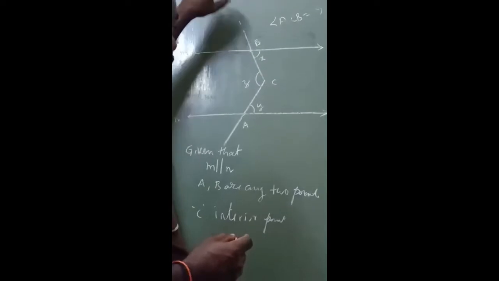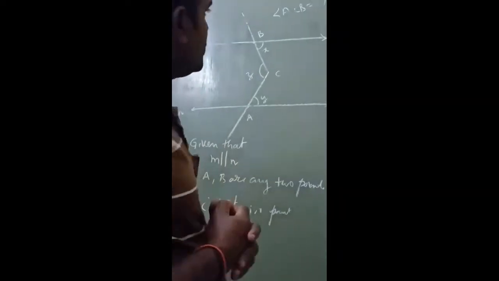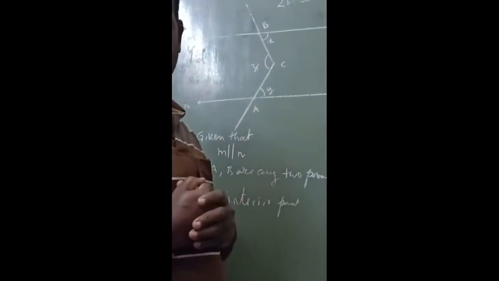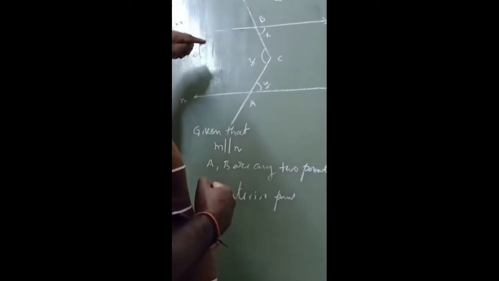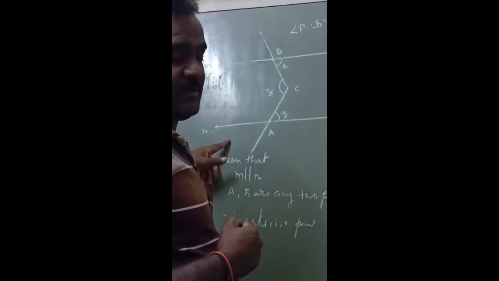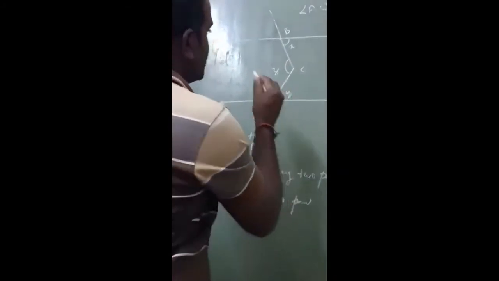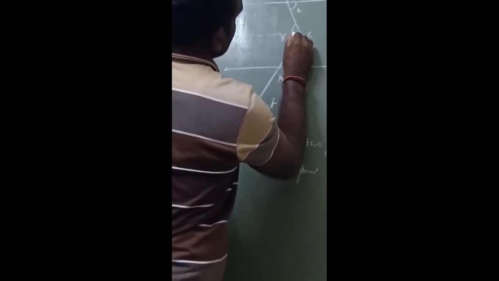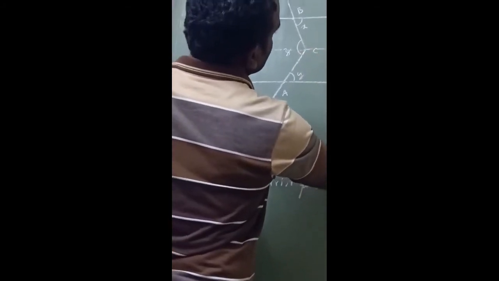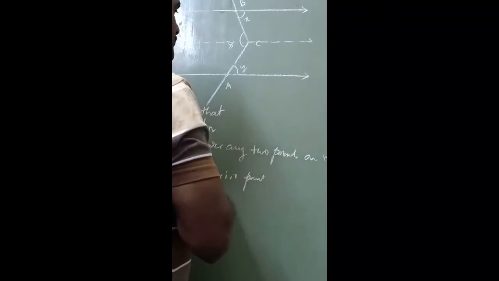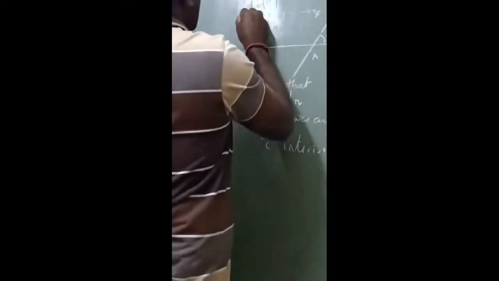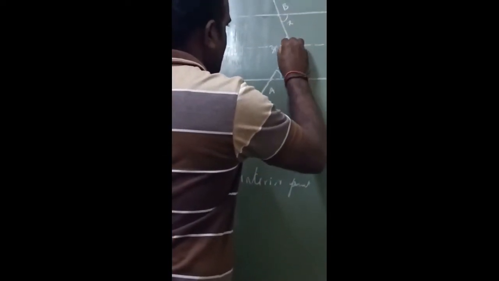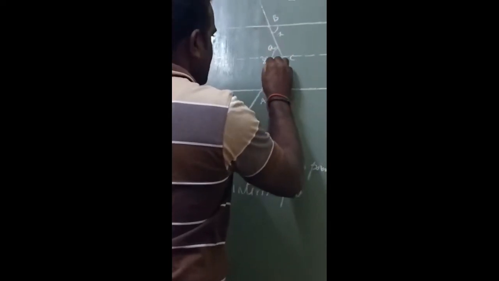First of all, students, we draw one line through C that is parallel to M and N. This line we can take as L. This angle is A we can take, this angle is B we can take.